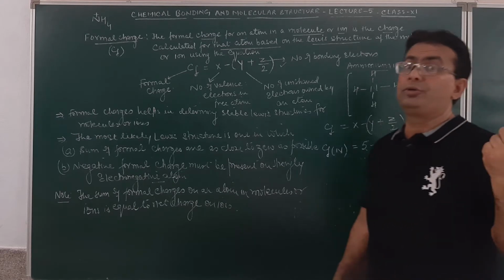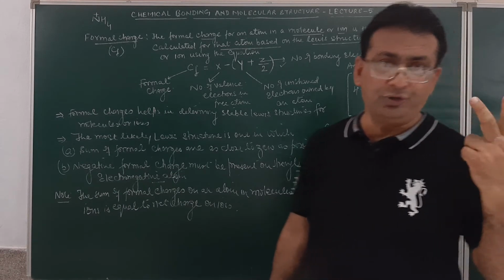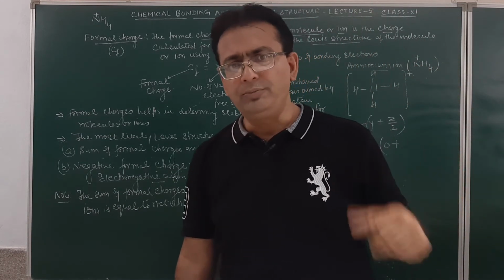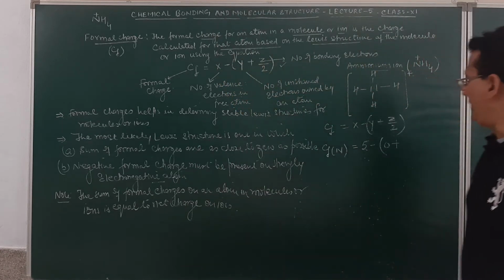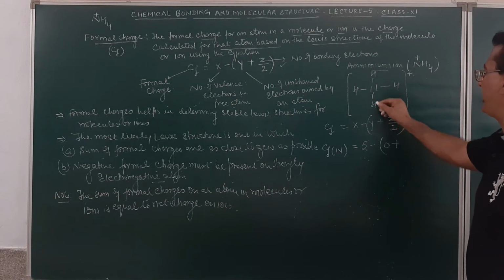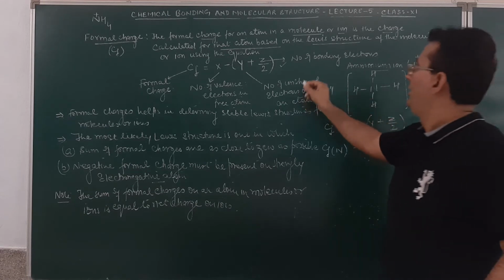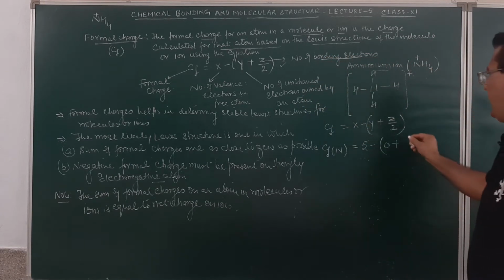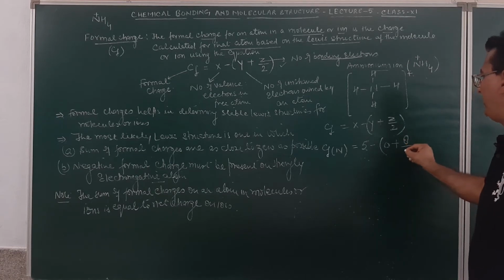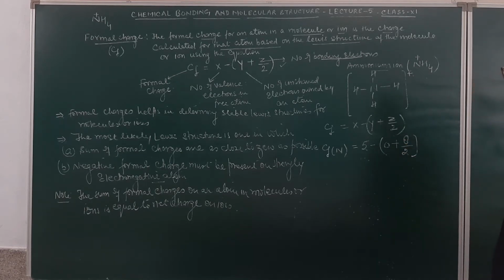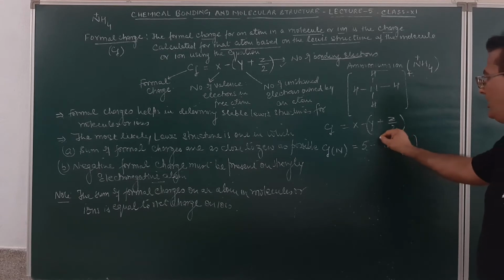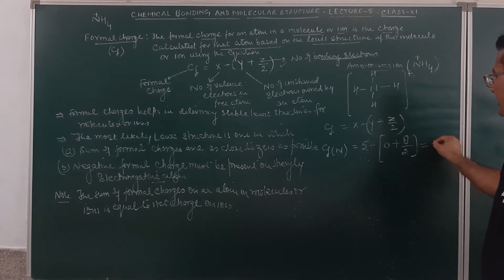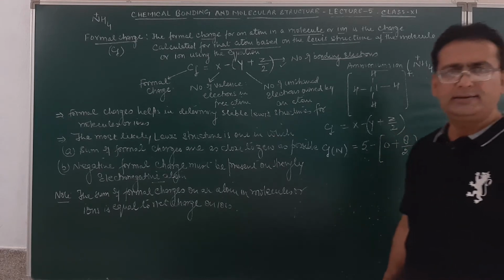And in each bond, how many bonding electrons will be there? 2, because the bond is formed by a pair of electrons. So the number of bonding electrons will be 8 divided by 2. And on solving it out, it will come to be equal to plus 1.